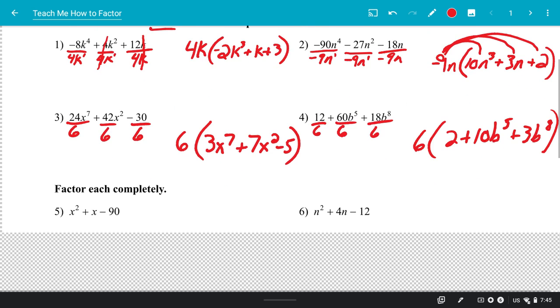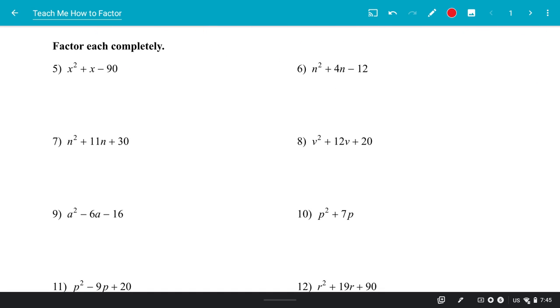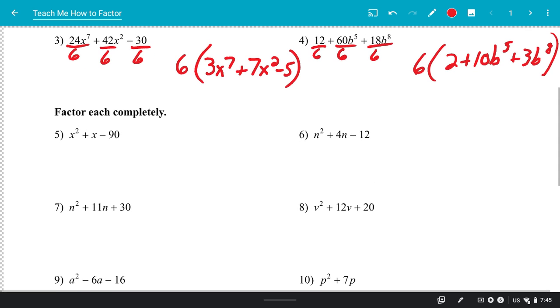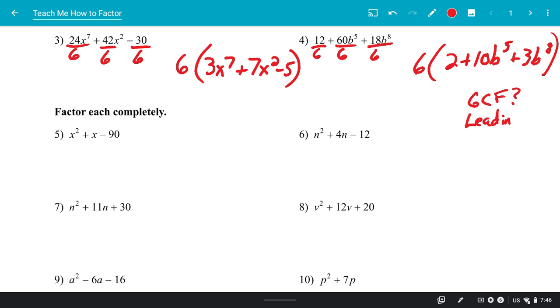The rest of these are the factoring and following that process that we talked about yesterday. Just a quick refresher of the process. Is there a GCF? Is there a leading coefficient?